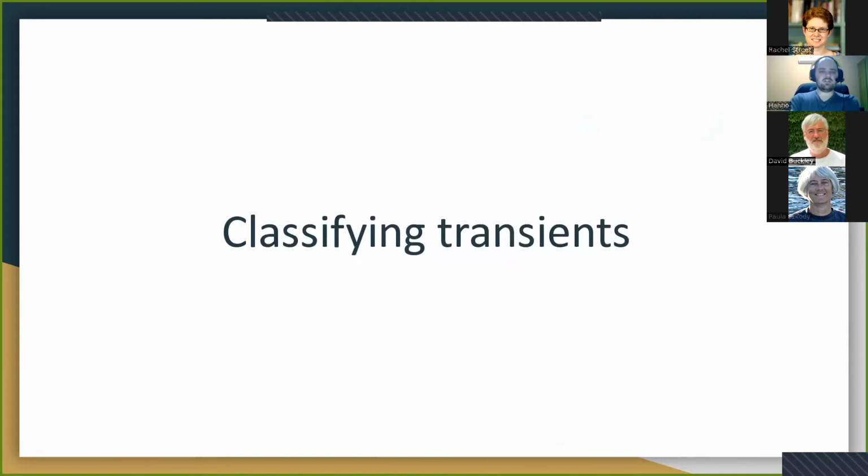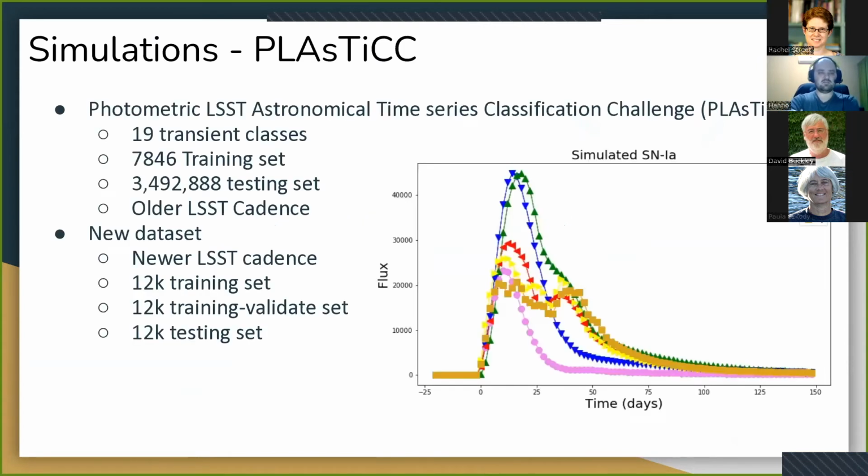So to classify transients, I used the photometric LSST astronomical time series classification challenge, quite a mouthful, or the PLAsTiCC challenge. That was a challenge that was hosted on Kaggle to see if we can classify transient events. Now, in the PLAsTiCC data set that we got on Kaggle, they had 19 transient classes and about 8,000 light curves in the training set.